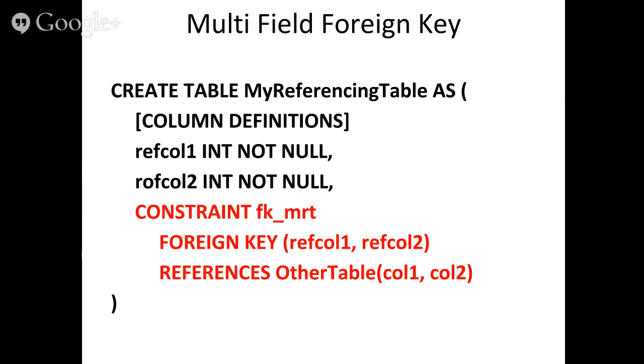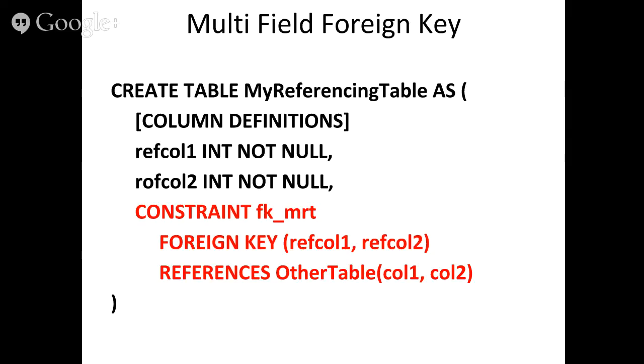If you have a table with two primary keys, primary key 1 and primary key 2, this is referred to as a compound key. And you have a table that is referencing records in that other table.